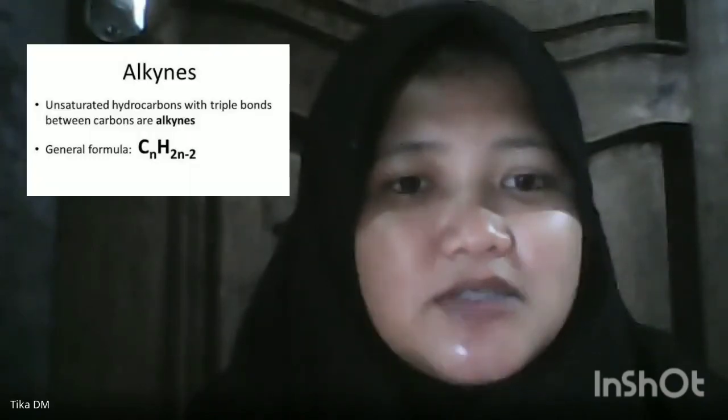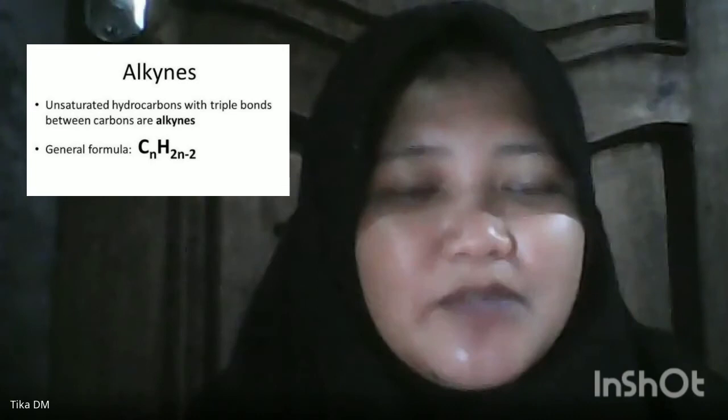Okay, great. Next, the third type of hydrocarbon backbone chain you might see is an alkyne. What is an alkyne? Alkyne deals with triple bonds. That's when there is at least one triple bond within the carbon backbone of the chain.